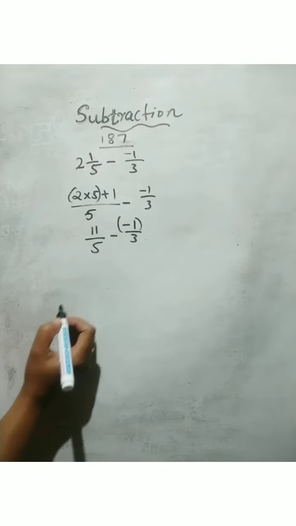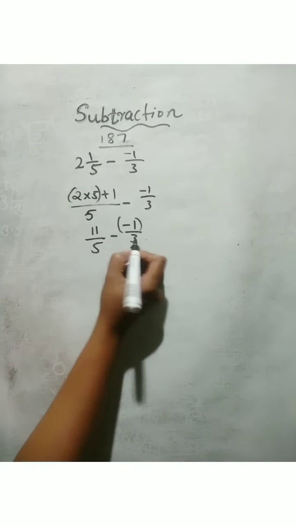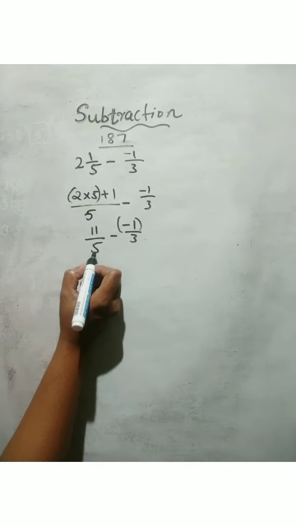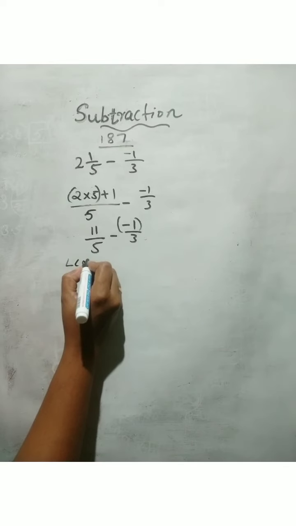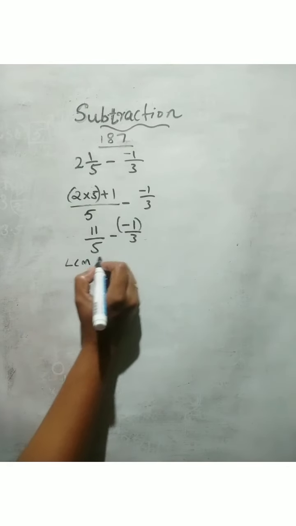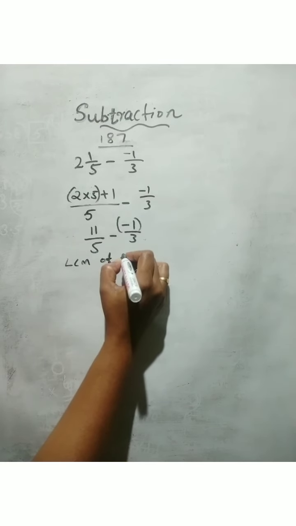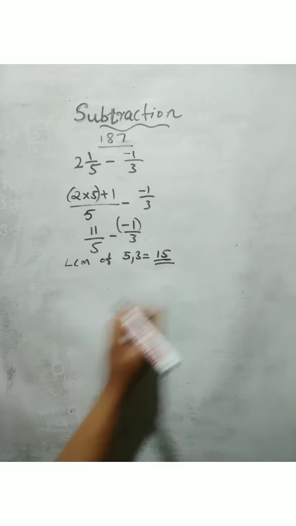How can we do this? We have to make the LCM the denominator. Here 5 and 3 are different, so first we have to convert these denominators into the same number. LCM of 5 and 3: 5 times 3 is equal to 15.